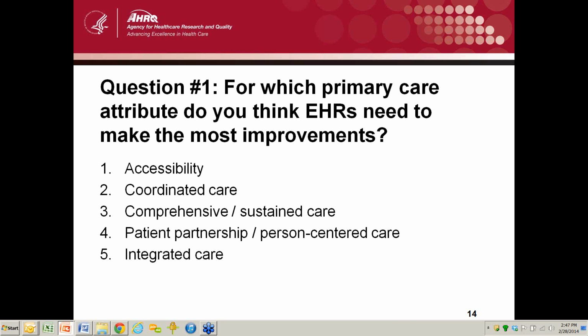Great. It looks like a lot of folks are thinking that some areas that we need to do some of the most work are around coordinated care, but close behind that is integrated and patient partnership and comprehensive care, and accessibility had the lower number.